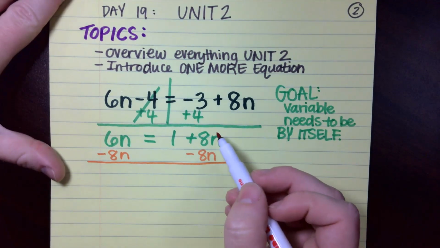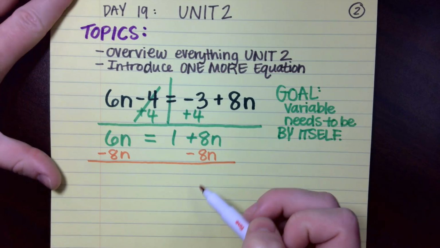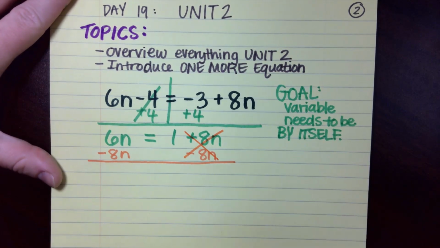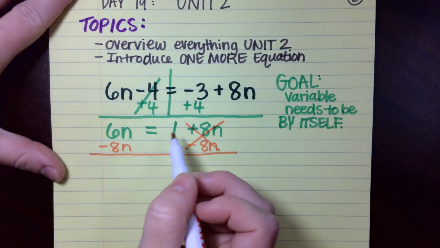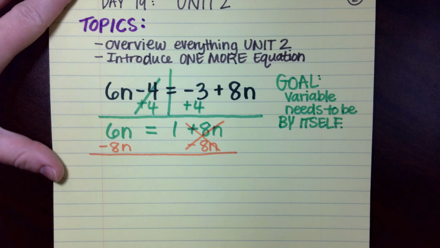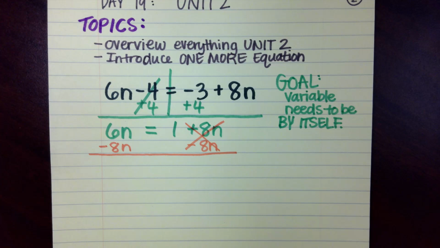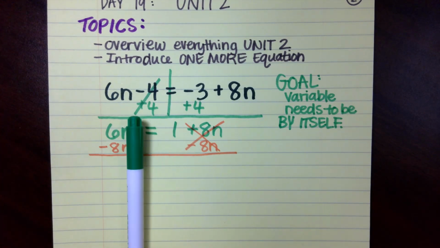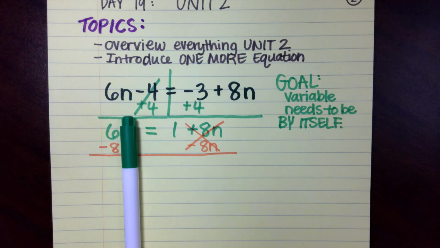So 8n minus 8n, that's going to cancel out. Good. That's gone. Now I have 6n minus 8n. What would that give me? Negative 2n. So remember, when we are adding and subtracting like terms, like these, don't even worry about the n. I'm just doing 6 minus 8.